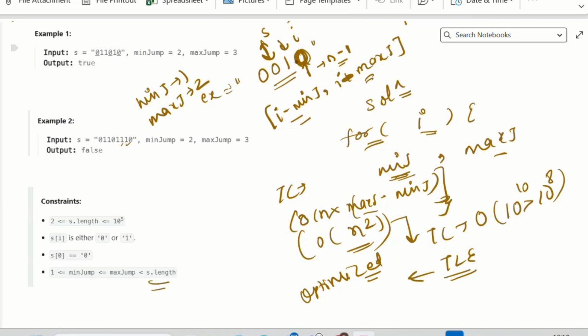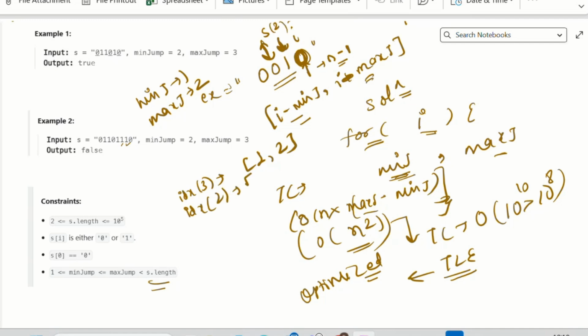But if you see, suppose I am at index 3. I have to jump from index 1 to 2. Suppose I need to solve for this second index.